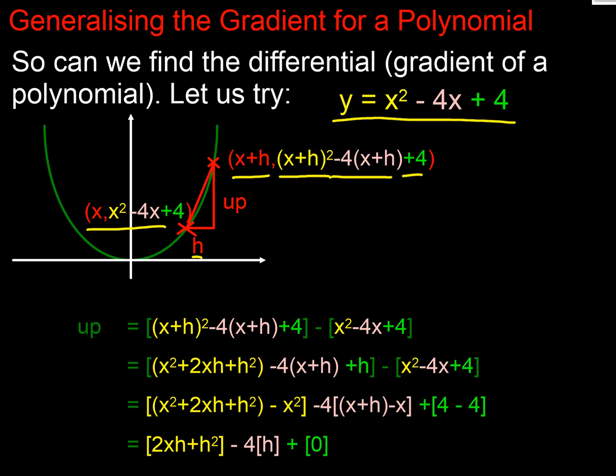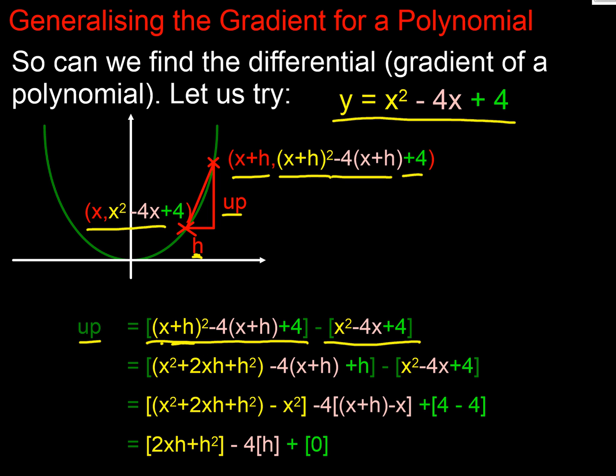Okay, so we know what our along part is. We need to find our up to find our gradient, don't we? So let's do our up calculation. That's going to be the difference in our two y values. So here's the upper y value and here's the lower y value. And what I can do here is just expand the brackets as we've done in the previous examples. And then I can start to regroup all the parts here.